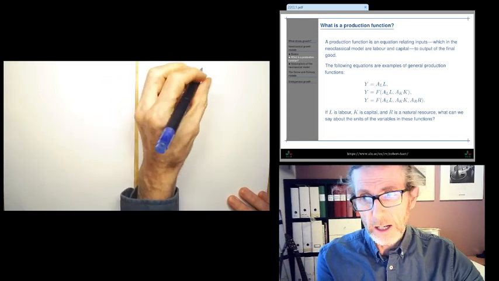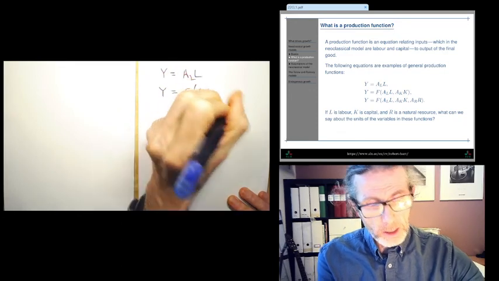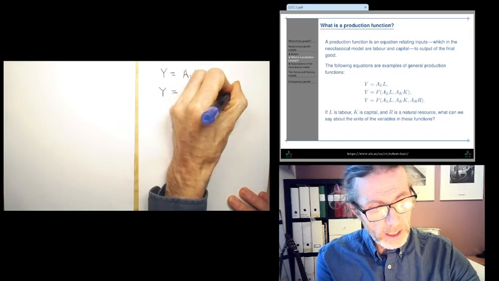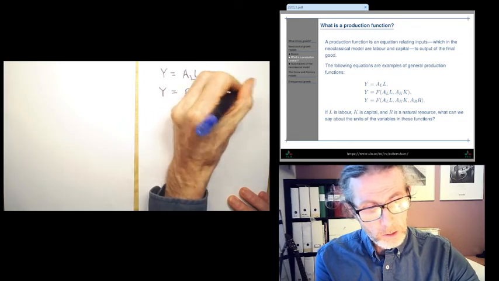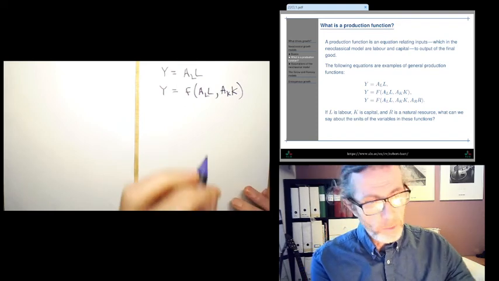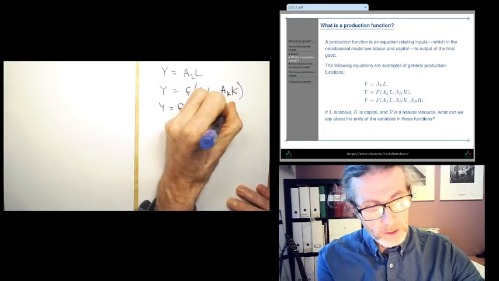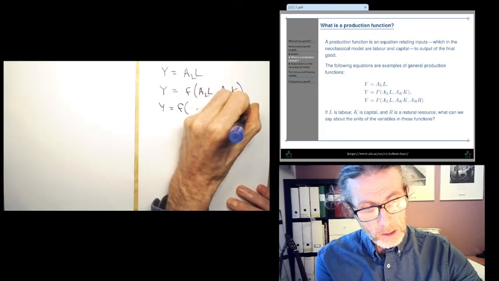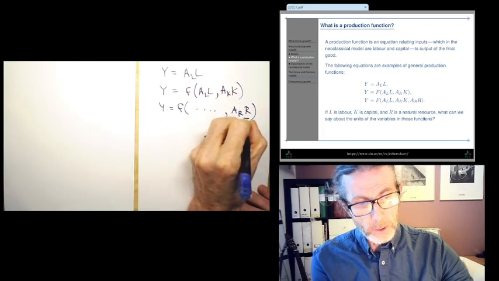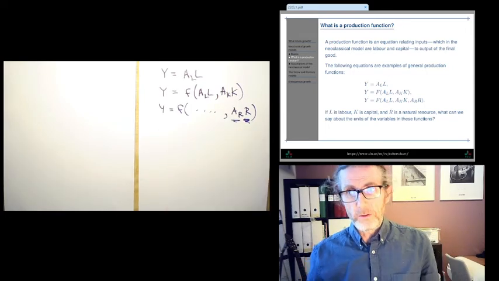We could also have Y as some function of labor with its productivity and capital with its productivity. And finally, we could also throw in natural resources. This would be a flow of natural resource inputs, and the productivity of the natural resources.